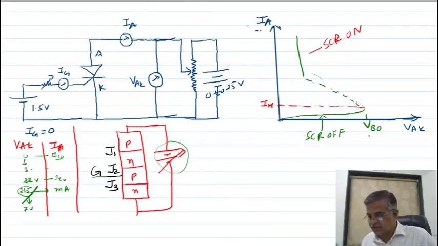Up to this current you can say the SCR is on. If you want to keep the SCR on, this much minimum current should flow through the SCR. This current is known as the holding current. The current required to pass through the SCR to keep it in an on state is known as the holding current.